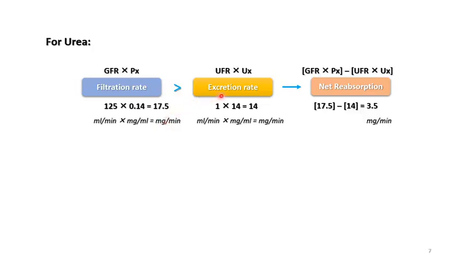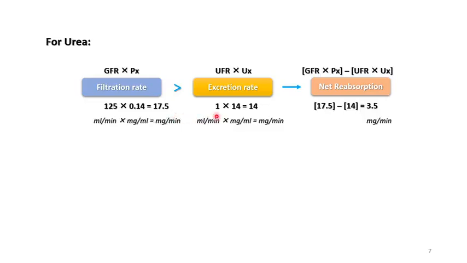Let's calculate the excretion rate of urea. 1 milliliter per minute urine flow rate and 14 milligram per milliliter. You see, this is concentrated in urine about 100 times, so it is 100 times concentrated in the urine, and the excretion rate is 14 milligram per minute.